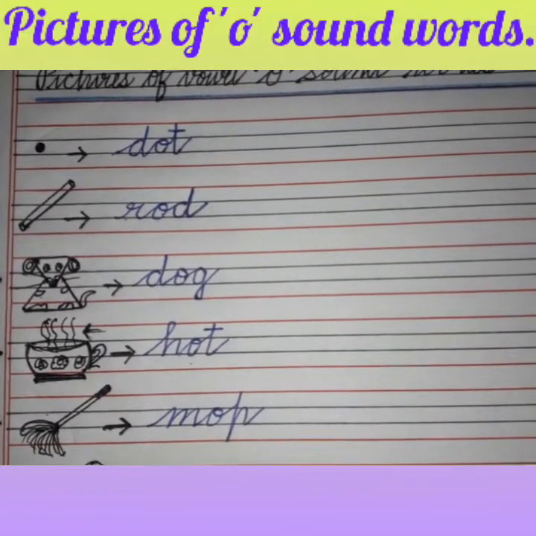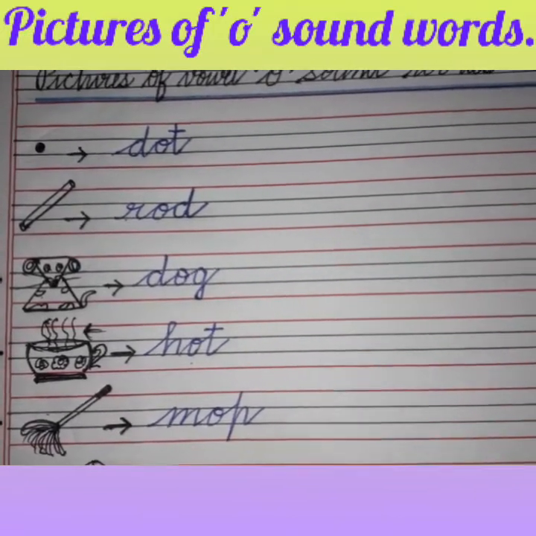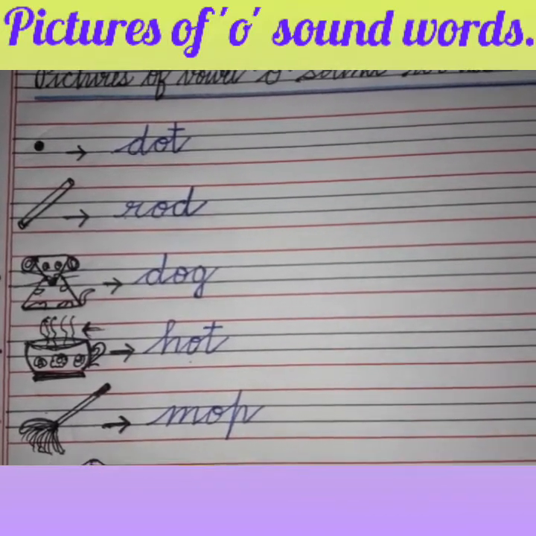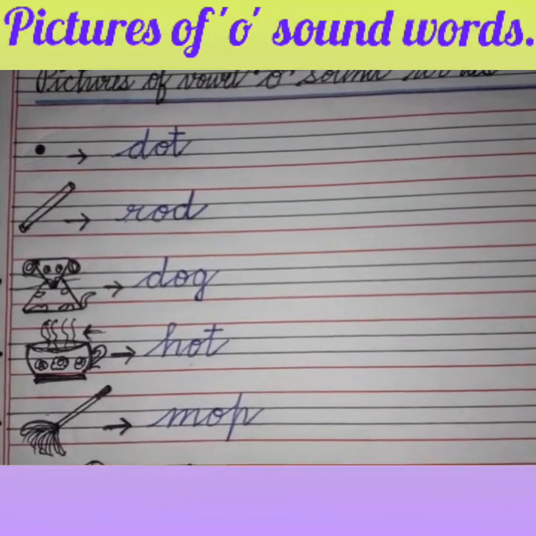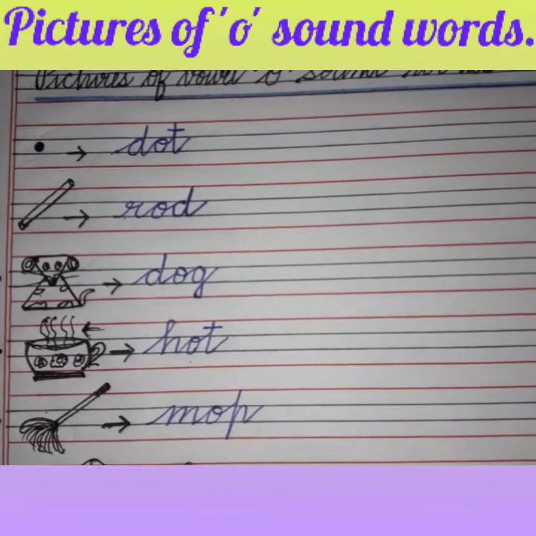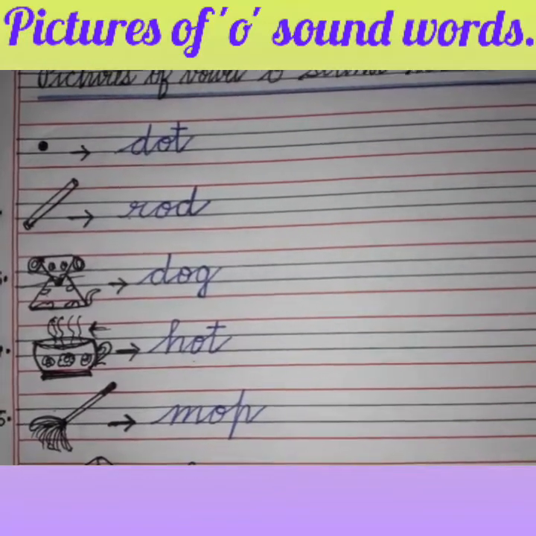It's a big piece of wood. Write the spelling of log. L says la, O says o, G says ga. Log. Fine. Now write number 7 here.